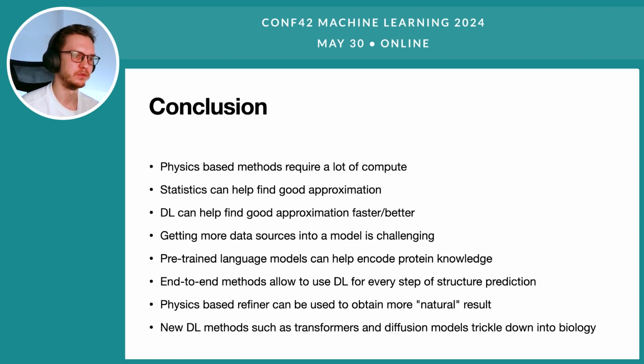For example, if you want to analyze trajectories, or if you want to refine other structures that were produced by deep learning models without really knowing the physics of it. So they are still useful for post-processing and other applications where accuracy is really important, but they use a lot of compute.